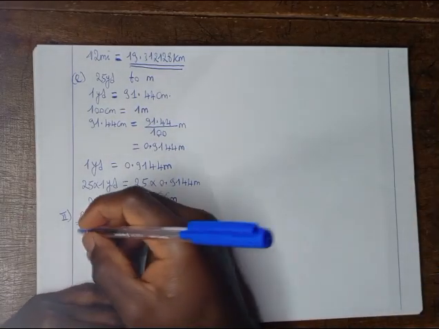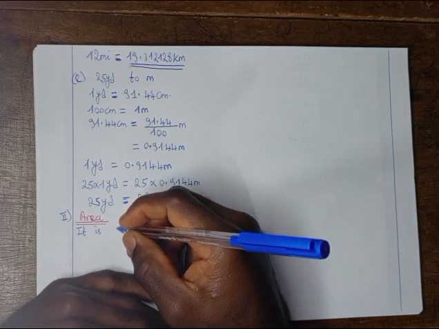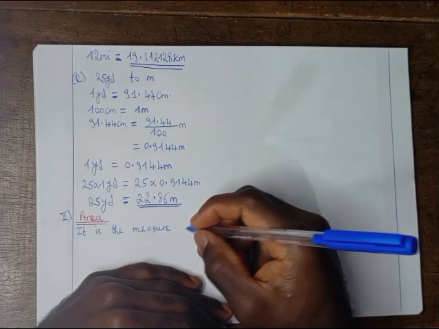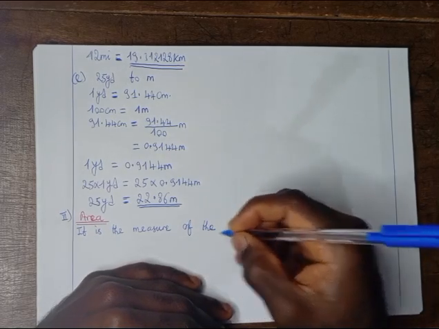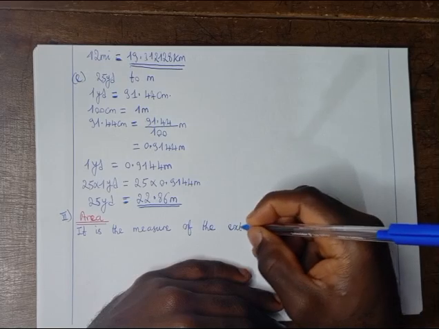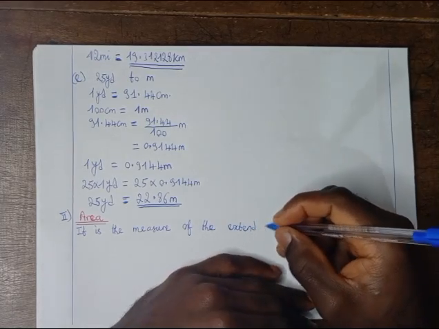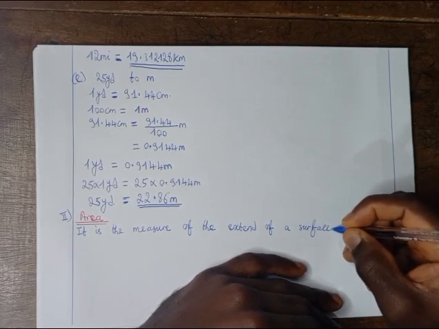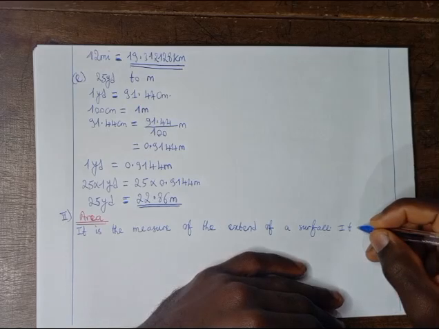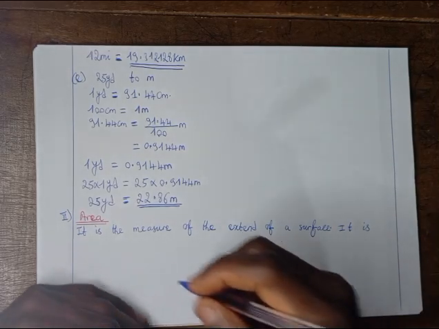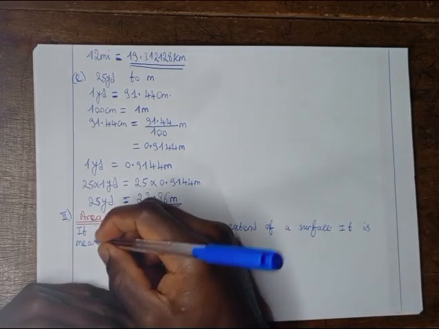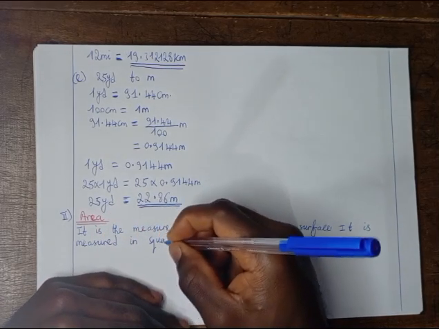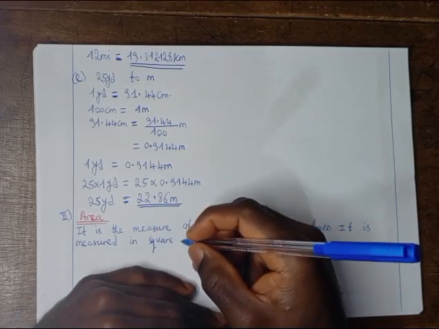When we talk of area, it is the measure of the extent of a surface. Next, it is measured in square units.